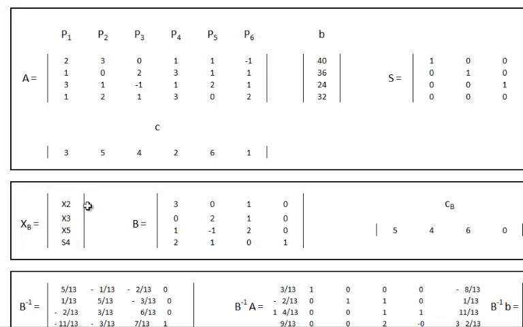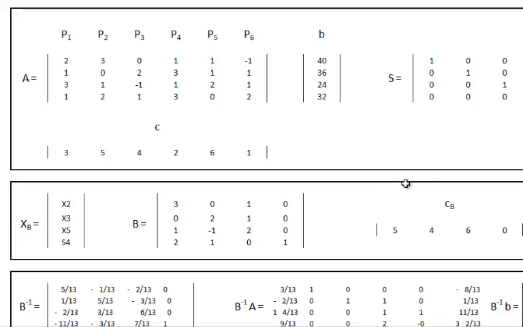The matrix B has been identified, and again it is X2, X3, X5, and S4. That is S4, this is X5, this is X3, and this is X2, as can be seen in here, 3, 0, 1, 2. So B is formed associated with this.